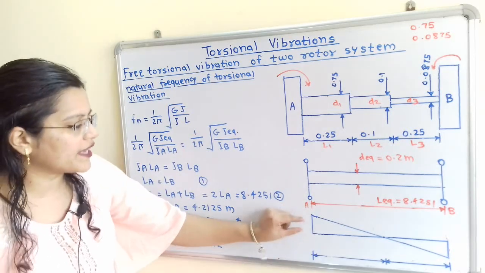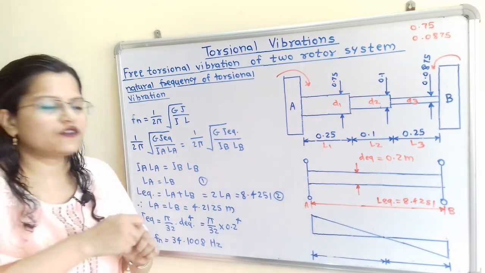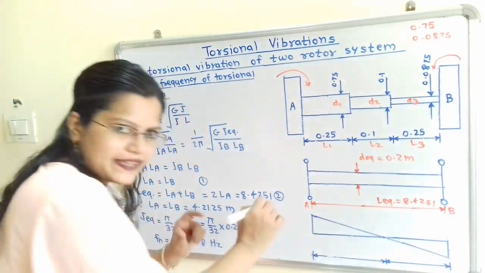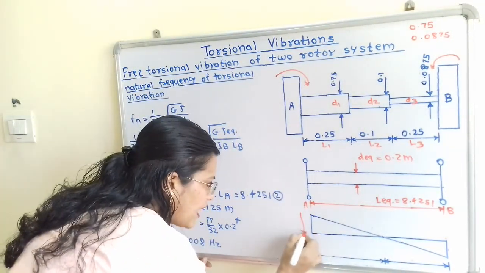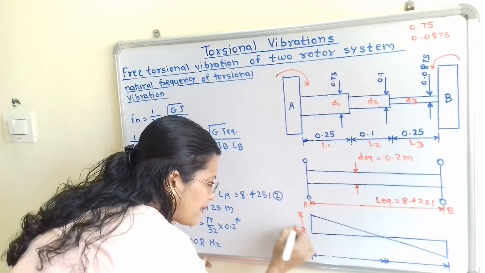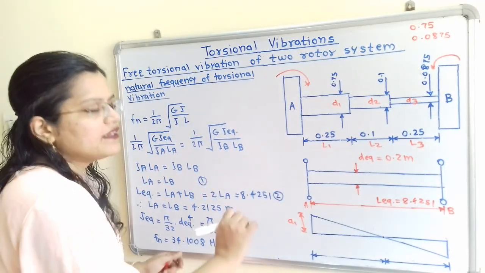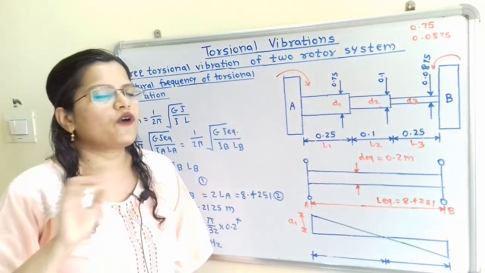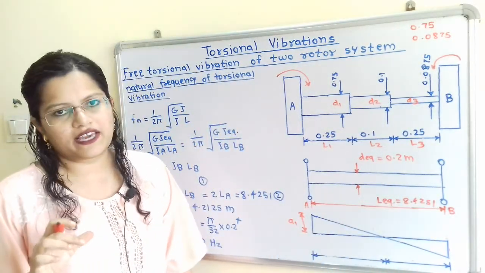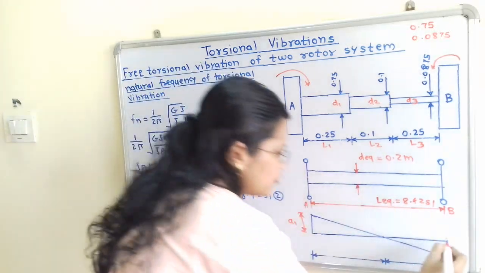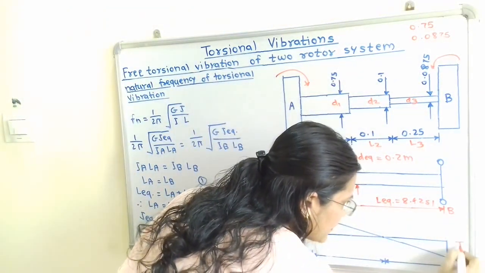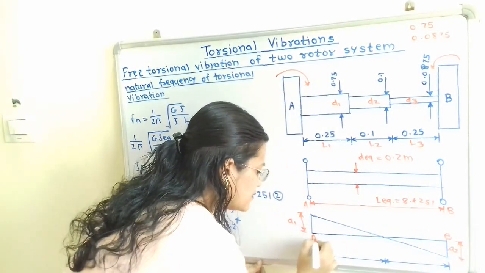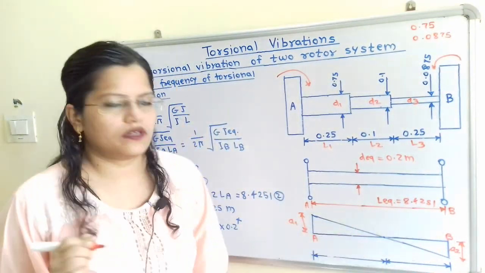So for rotor A, if we show the amplitude of vibration is in the upward direction of this horizontal line, that is we can say shaft, I will show here the amplitude of vibration is A1, and we have to show the amplitude of vibration for rotor B is in the downward direction, that is in the opposite direction. So we will show here the amplitude A2 for this B. So here is rotor A and here is rotor B.